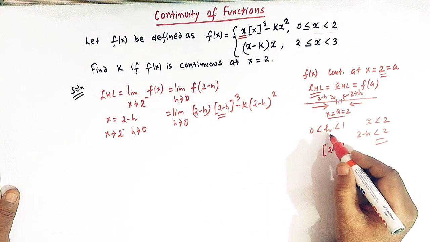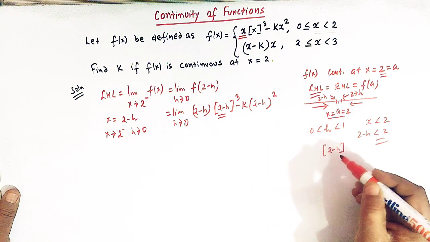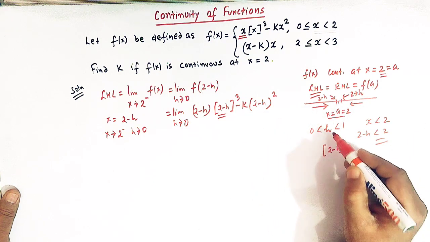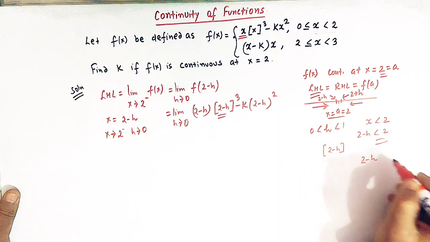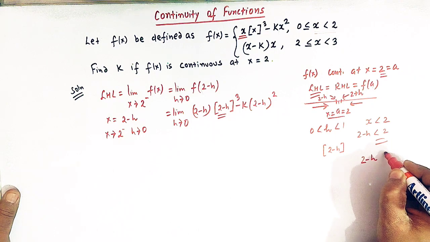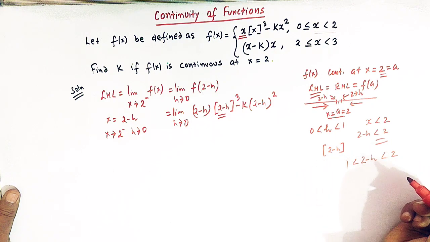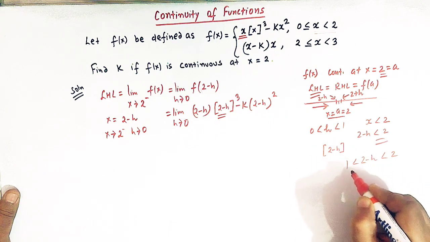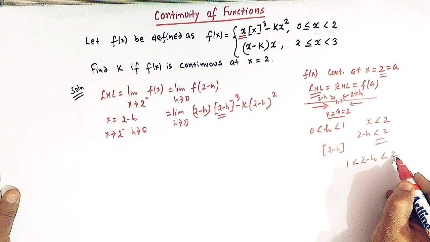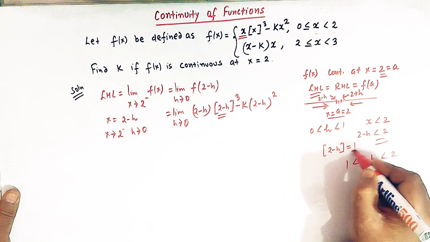So it is so small that it is very close to 0, and when we subtract h from 2, this quantity 2 minus h is slightly less than 2, but it is greater than 1, right? So 2 minus h is greater than 1 but less than 2. So the value of the greatest integer of 2 minus h is equal to 1.